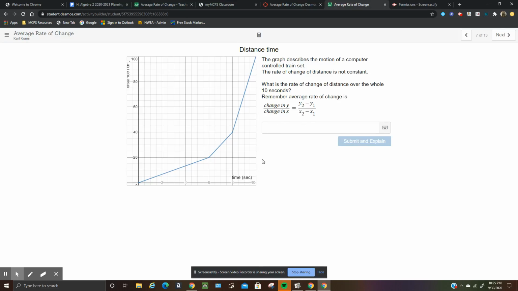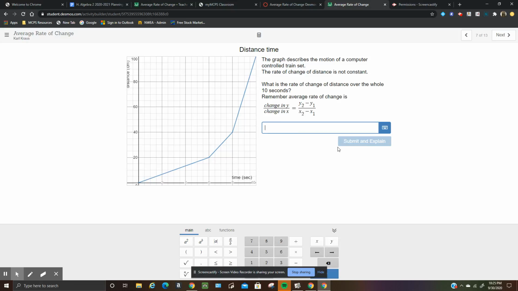So what we can do here is, this is 10 right here, and then 10, 100. So at 10 you have 100, and you have the point 0, 0.